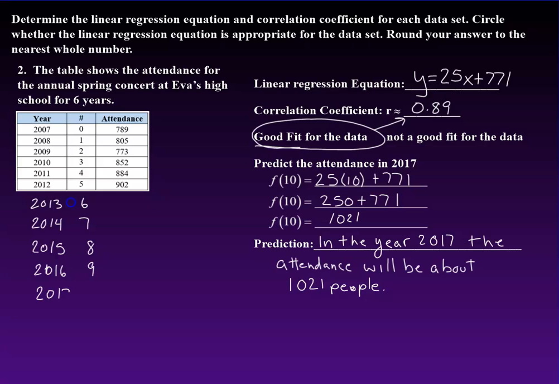And 2017 is going to be 10. So we had to look past and count out till we found out the year 2017 to figure out what number to use. Okay. If you need to write it out, write it out. If you can count it out, count it out. Okay. But you just need to figure it out.